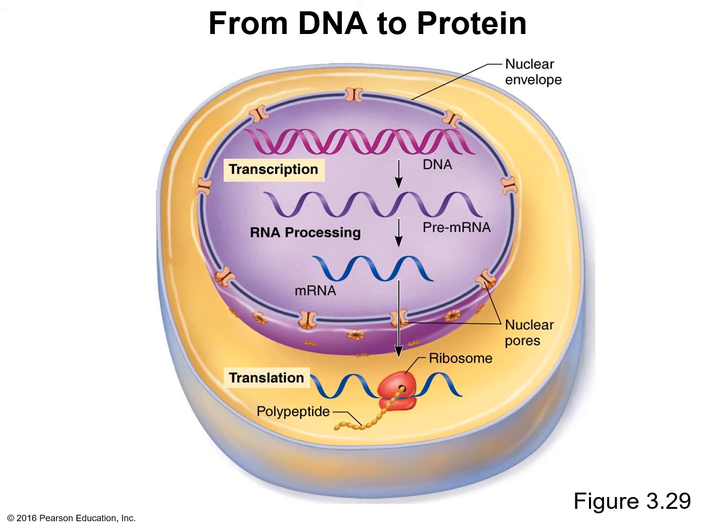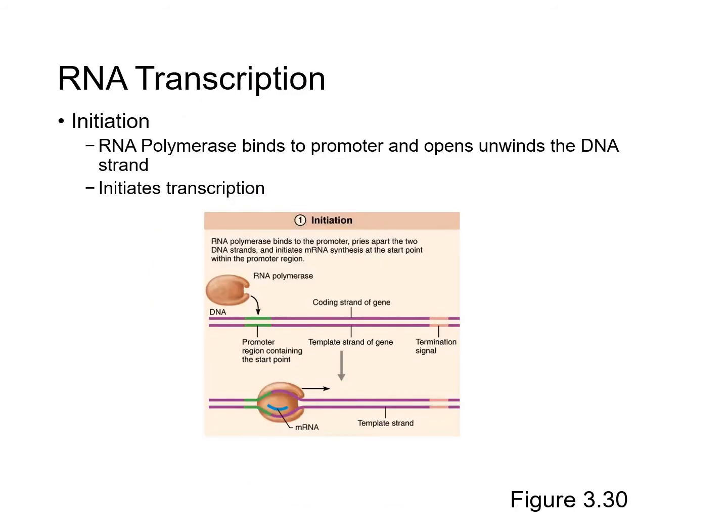Let's start with the details of transcription. The first event of RNA transcription is initiation, and it's going to involve an RNA polymerase binding to a specific part of the DNA molecule called a promoter.